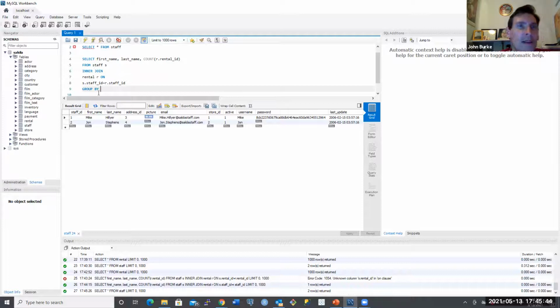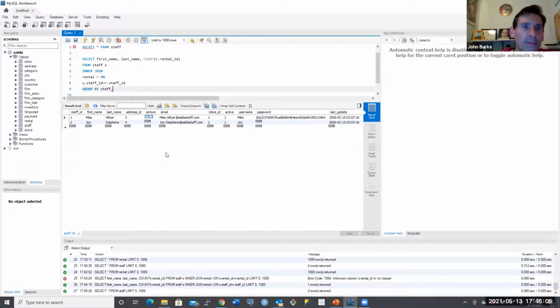What we're doing is aggregating this count: it aggregates the number of rentals for each of these guys, and the group by clause enables us to attach that to each of the staff IDs.